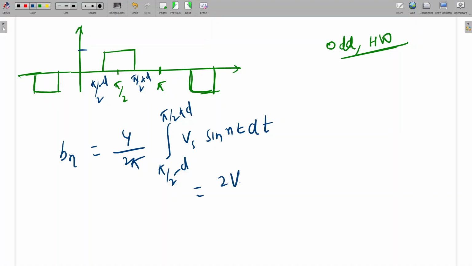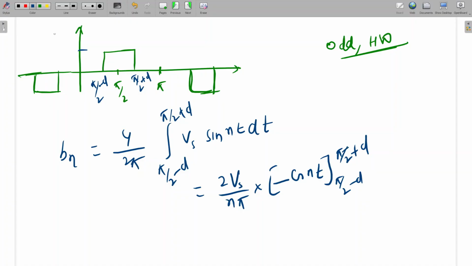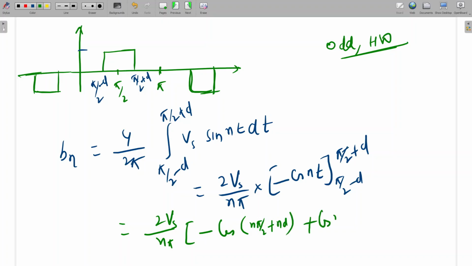So it will be 2 Vs upon n pi into minus cos nt between pi by 2 minus d and pi by 2 plus d. Is it clear up to now? Bn value. So it will be 2 Vs upon n pi, and minus cos(n pi by 2 plus nd) plus cos(n pi by 2 minus nd). Is it clear up to now?